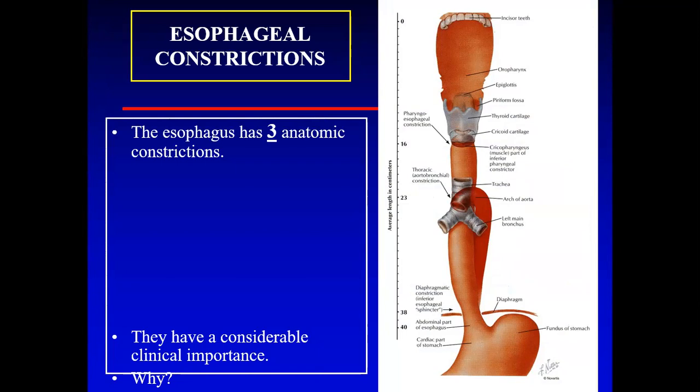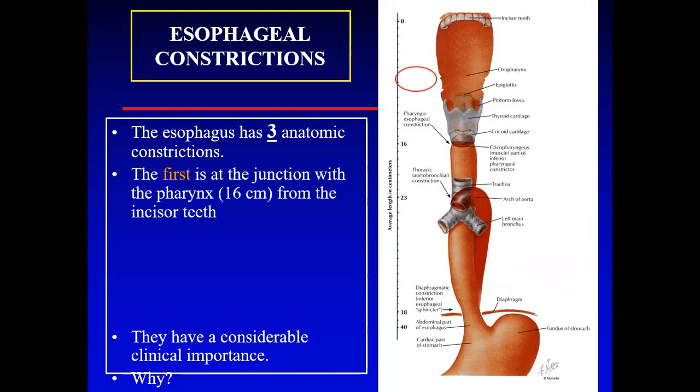There are three anatomical constrictions. The first is at the junction with the pharynx. Whenever the esophagus begins from the pharynx at the sixth cervical vertebra, there is a constriction. That is called the pharyngoesophageal constriction, almost 16 centimeters from the incisor teeth.